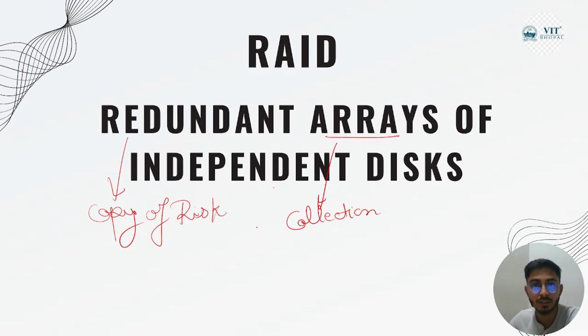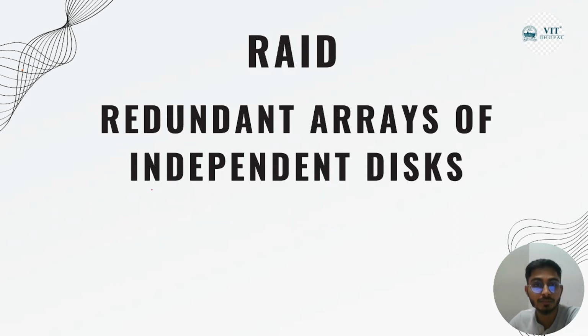Independent disk in the sense disks are independent of each other. If one disk fails, it will not affect the other. And the second thing which I said, array of inexpensive disks. Here we are using inexpensive disks.